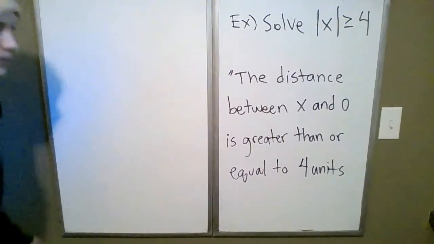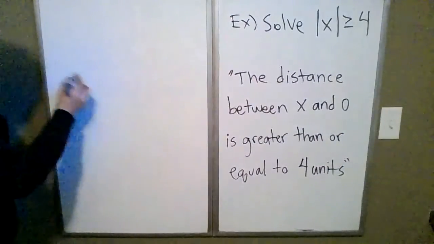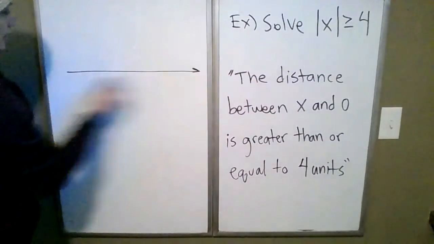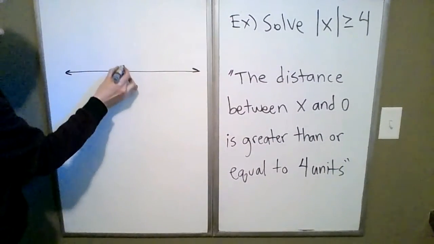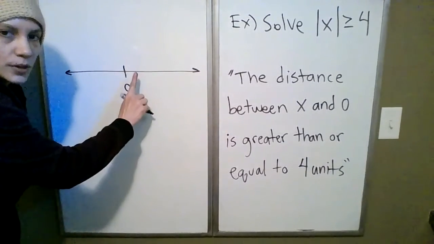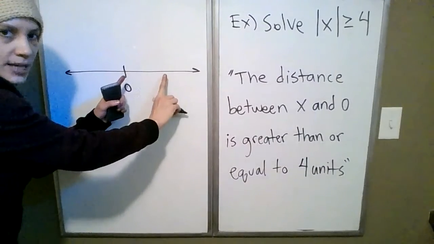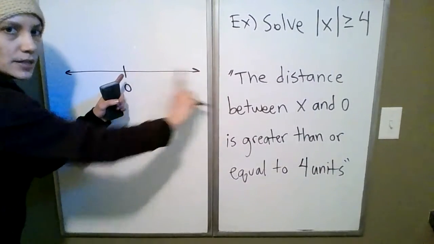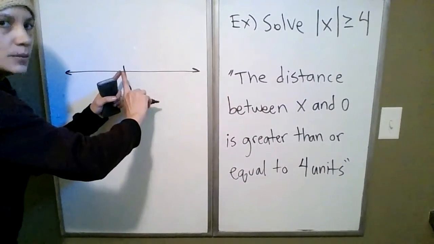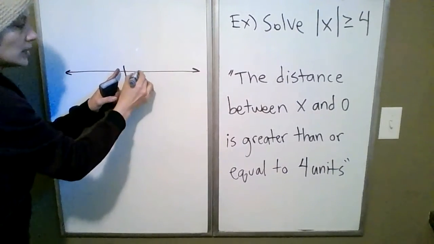So next we want to draw a graph of what's going on right here. So you've got a number line and definitely want to mark 0. X needs to be 4 units this way and past. It needs to be 4 units or more to the right and 4 units or more away on the left. So we'll go over 4 units to the right.